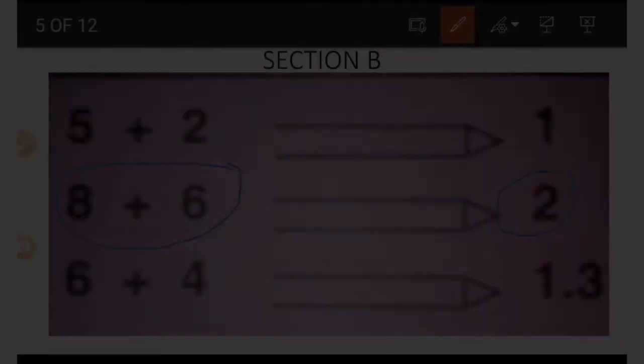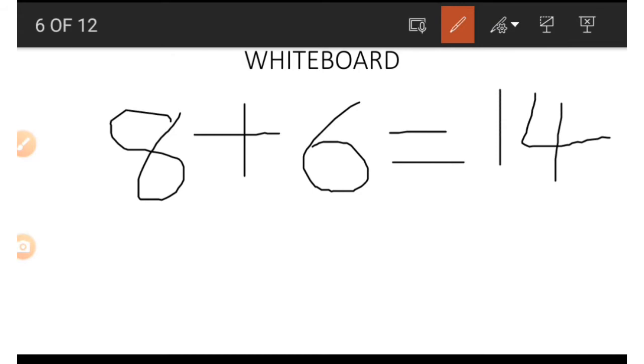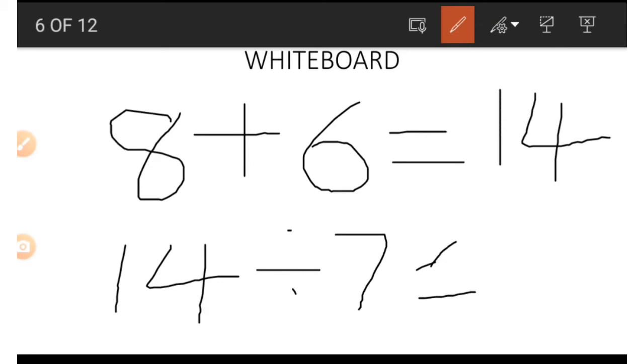So, when we add 8 to 6, alright, 8 plus 6 gives us 14. As usual, you divide the result by the imaginary number. 14 divided by 7, you get 2. Alright, you get a 2.